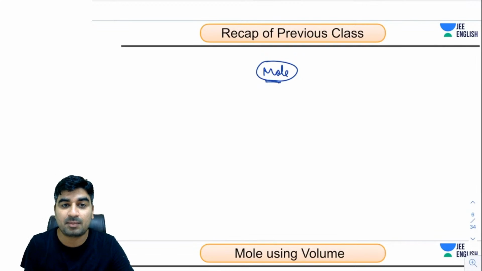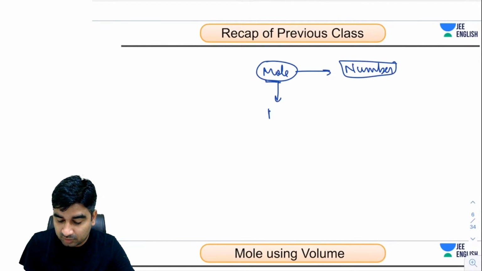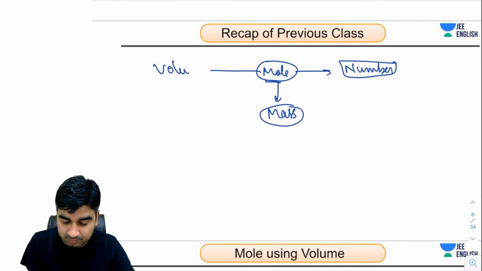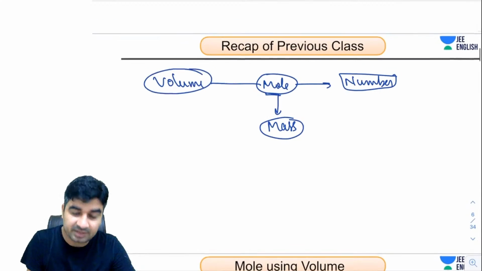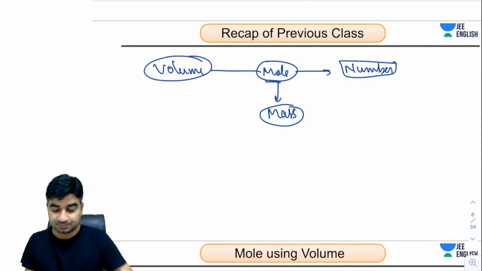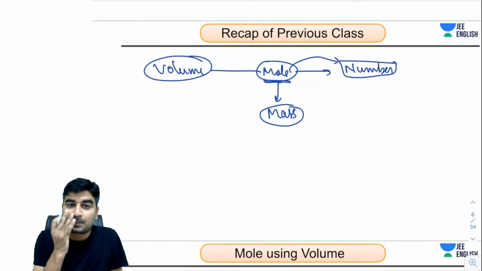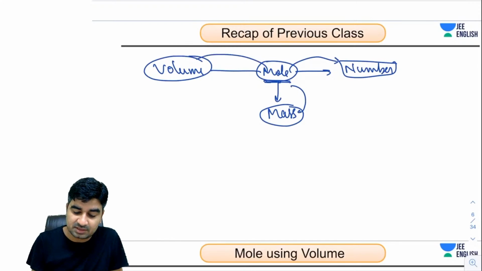But when we say amount, that amount can be number, mass, or volume. So if you calculate mole, you can calculate the number, the mass, and the volume of that substance.